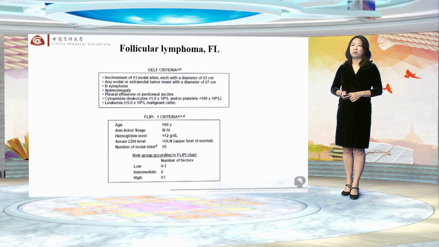A score of 0 to 1 means low risk, a score of 2 means intermediate risk, and a score of 3 or more means high risk.